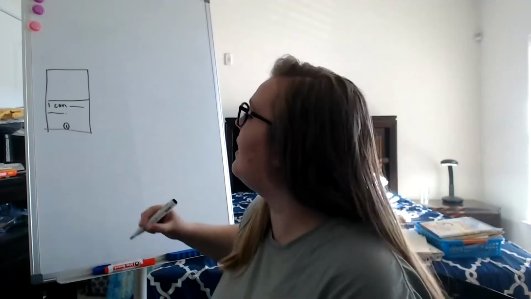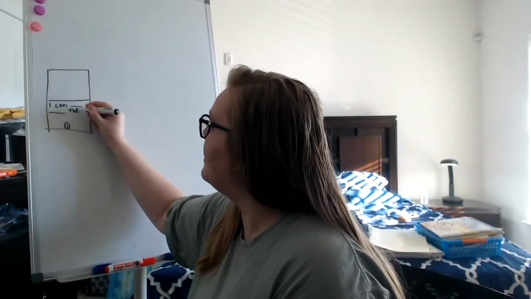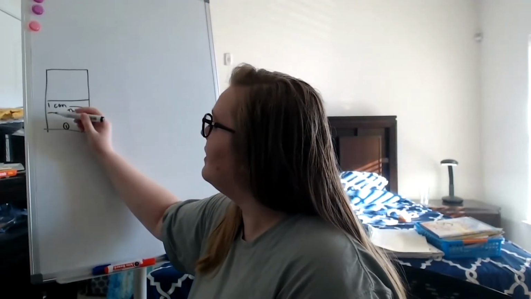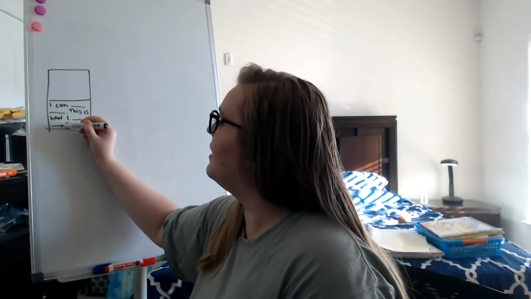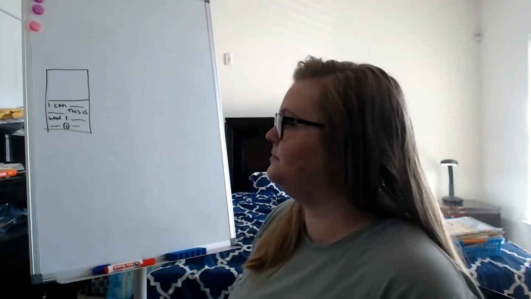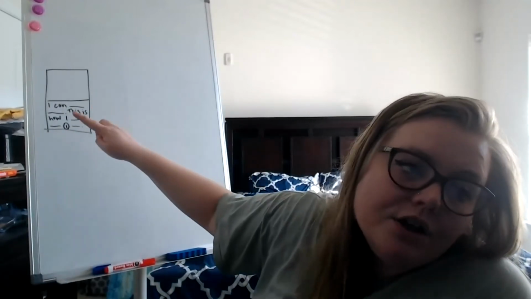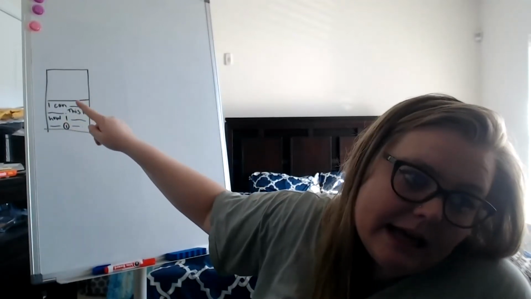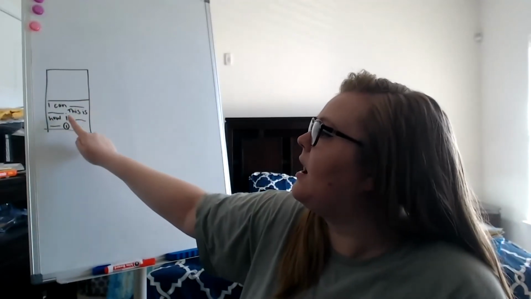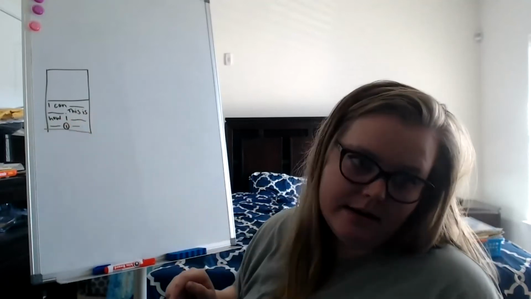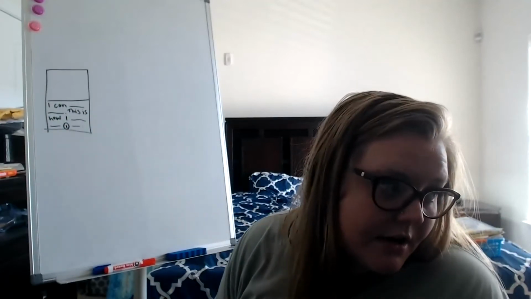This is how I. So if yours is I can make my bed, I can, and then you would write make my bed. This is how I make my bed. And then you would draw a picture.